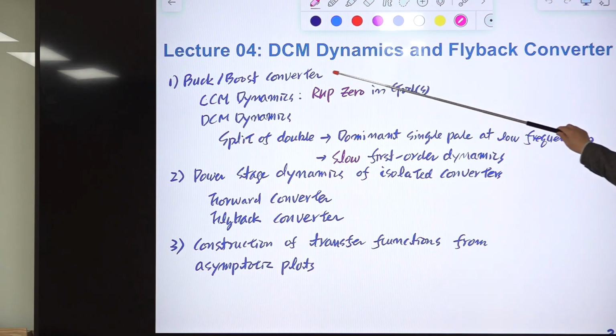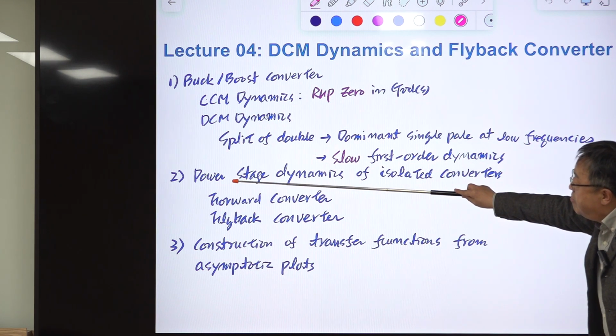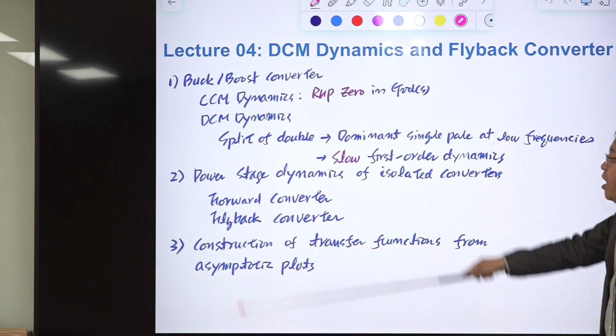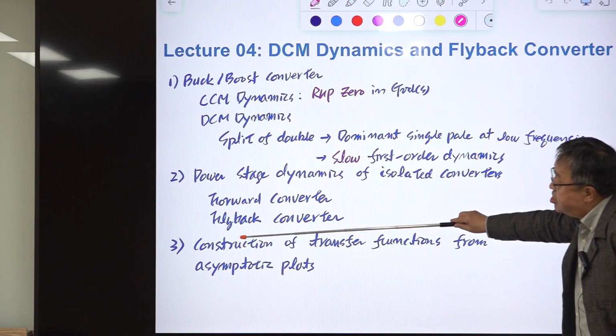After discussing this buck boost converter, we'll go to the isolated converters. The power stage dynamics of isolated converters are easily derived from the power stage dynamics of the preceding converter from which the isolated converter is derived. For example, the forward converter is derived from the buck converter, and the flyback converter is derived from the buck boost converter.